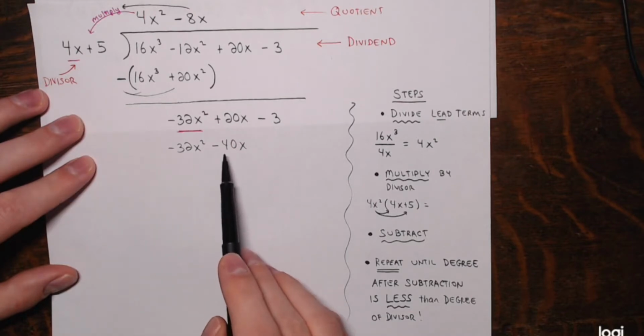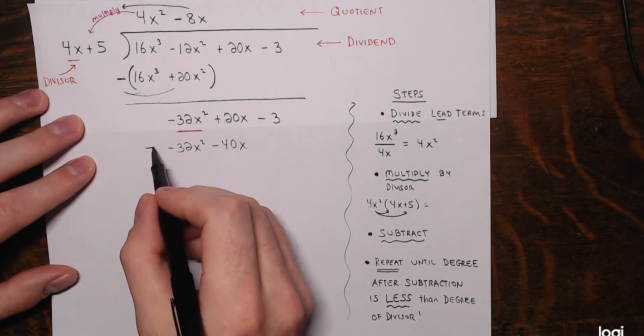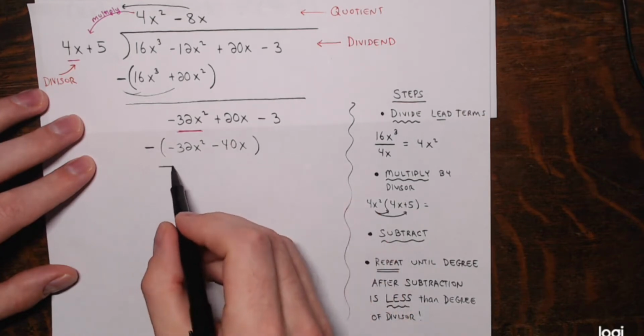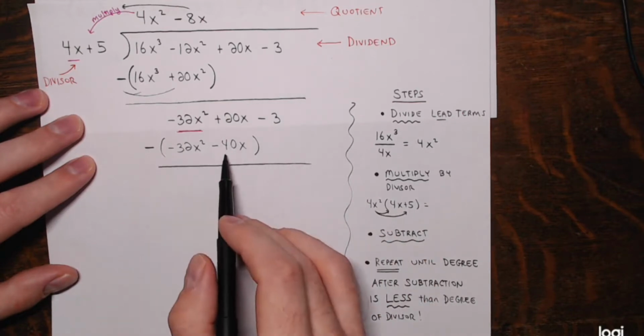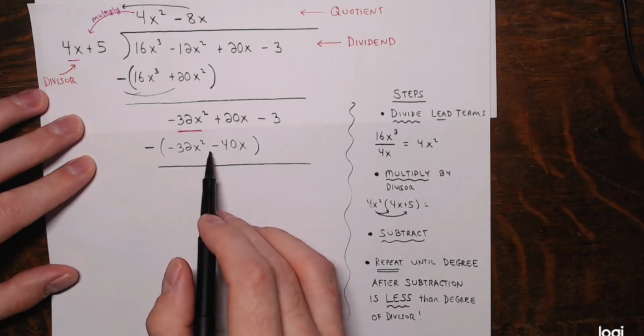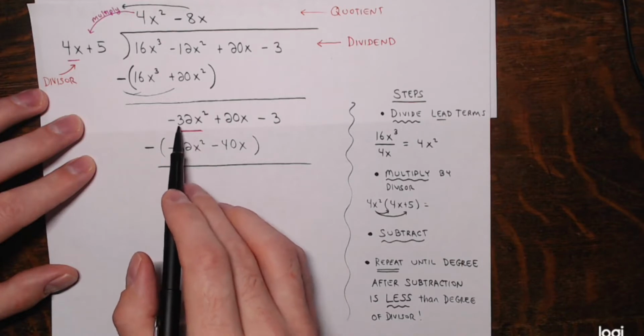in the line below. Now the subtraction step, I put a big minus sign and then parentheses around that line we just wrote, subtracting every single one of these, distributing the negative. So that'll make both of these a positive. Negative, negative, negative, negative. Now let's do it. Subtract.